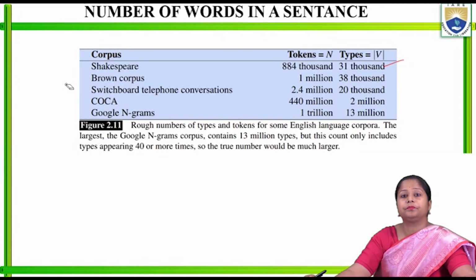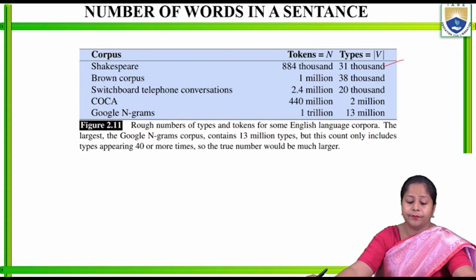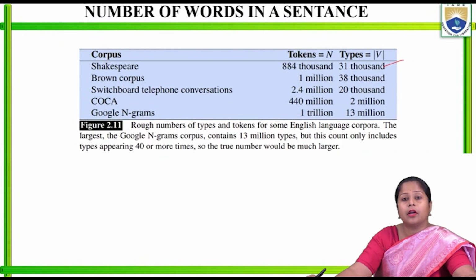The largest is the Google Ngram corpus, which contains 13 million types, though that does not count appearances. This is a rough idea; the numbers can be more or less than that. It shows the actual number of words, tokens and types in the corpora used for research purposes.